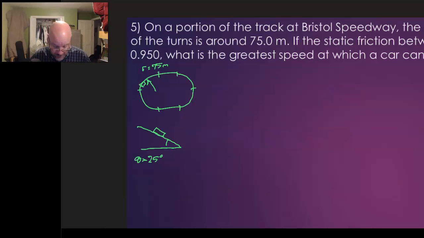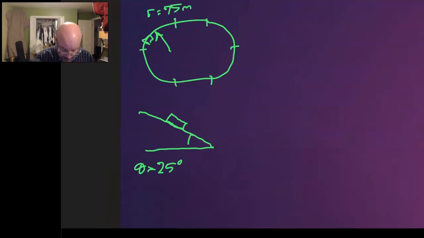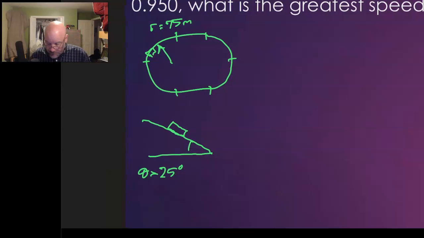We're going to think about our situation like this. As this car is going around the track, the acceleration it has is this way. So we've got some radius here, some r, and so we're going to have a centripetal acceleration, which will be v squared over r.